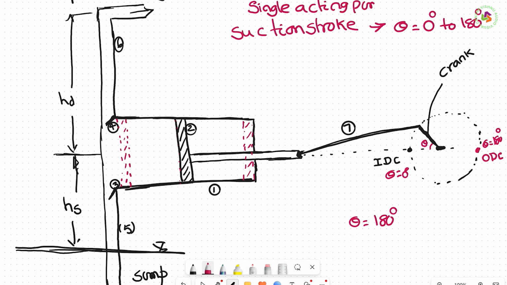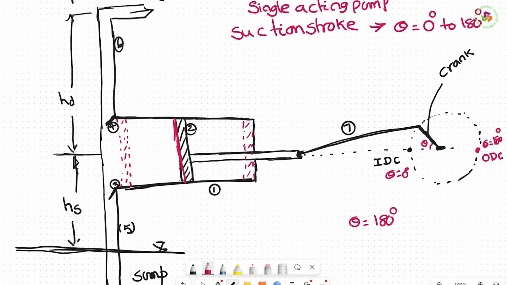Why single acting pump? The liquid is in touch with the piston only on this side. On the other side of the piston, the liquid is not there at all. The piston only moves front and back.